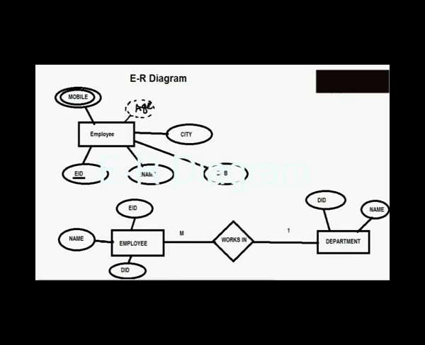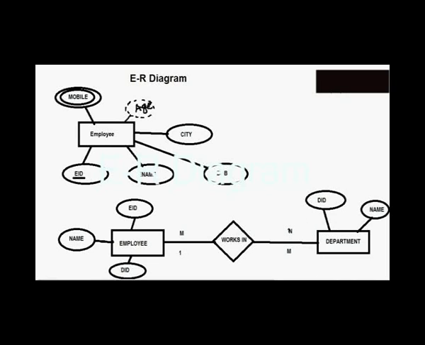You also have a situation where one employee can work in multiple departments. One employee is working in multiple departments, and in one department you have multiple employees. Then that is called M:N.